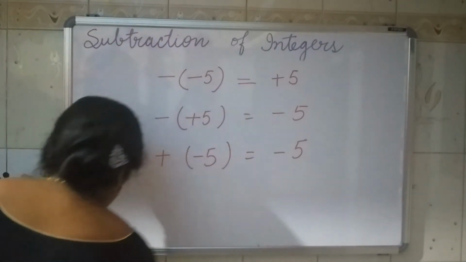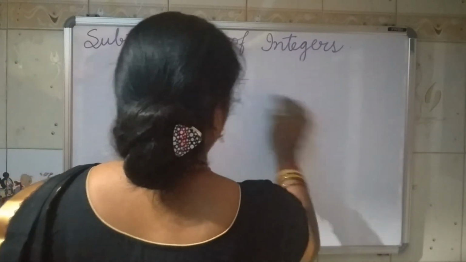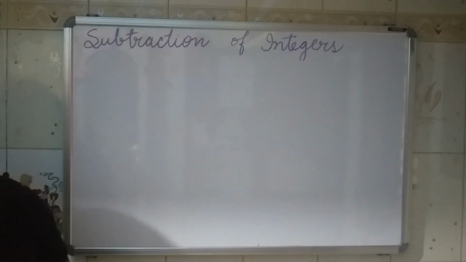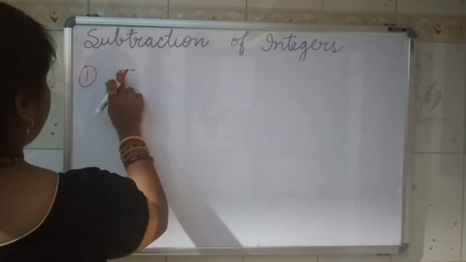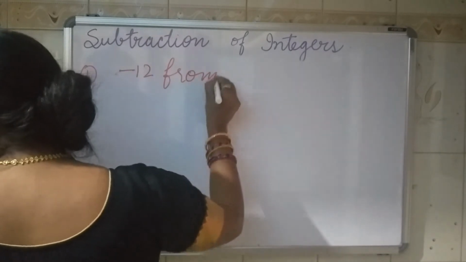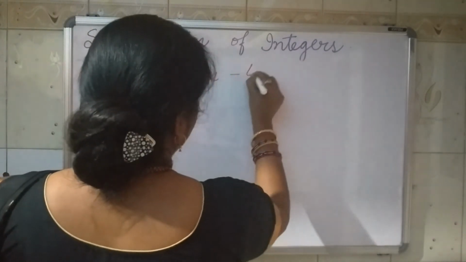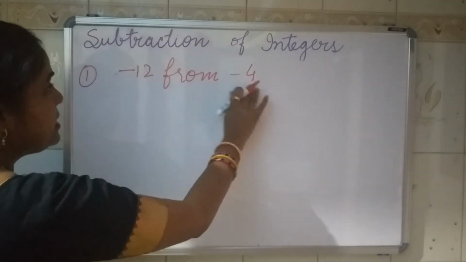So now we are going to start the subtraction. Okay. So just switching to the subtraction. I am taking one number that is minus 12 from minus 4. Okay. From means this is the big number, and from this number we have to subtract this.